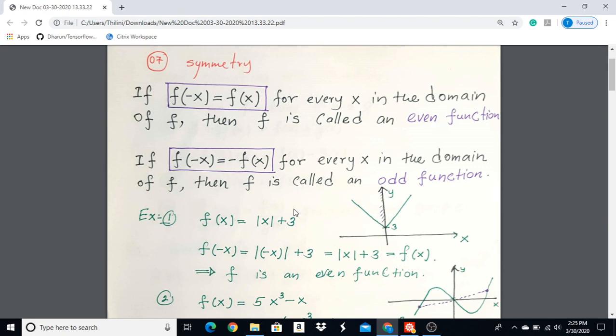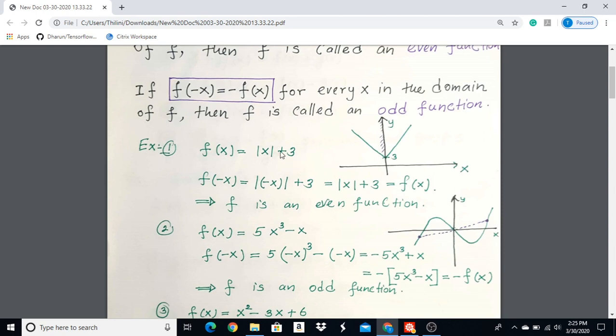So let's look at an example of an even function. This is f of x equals absolute value of x plus 3. This function is an even function. Let's see how that can be proved. Here I'm plugging negative x into this f function, and that means we take the absolute value of negative x.